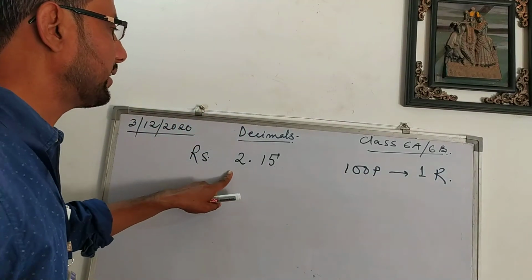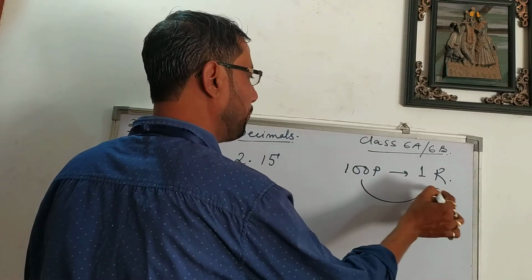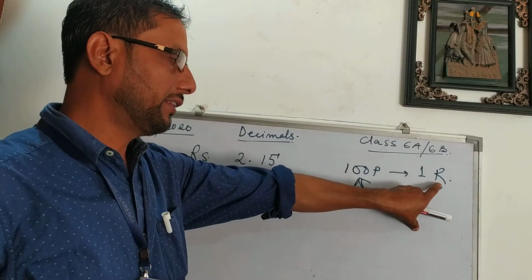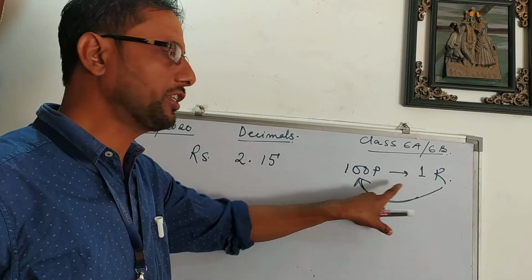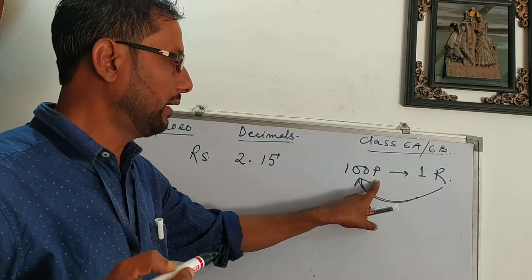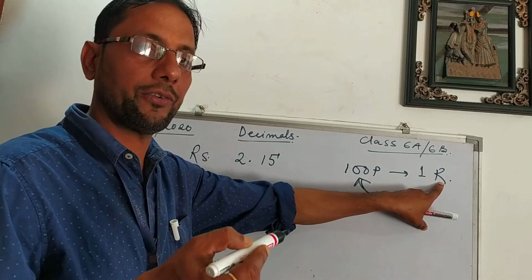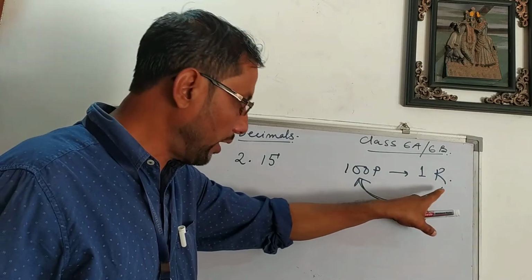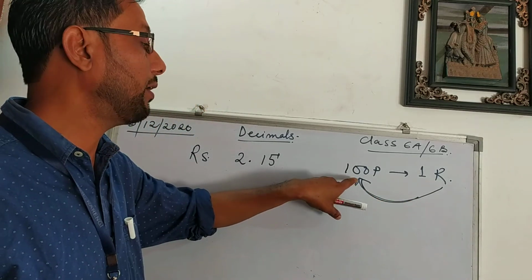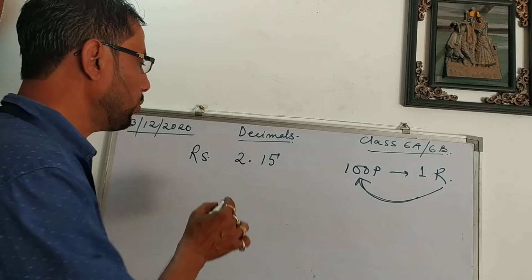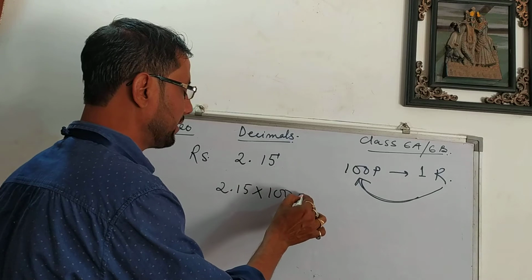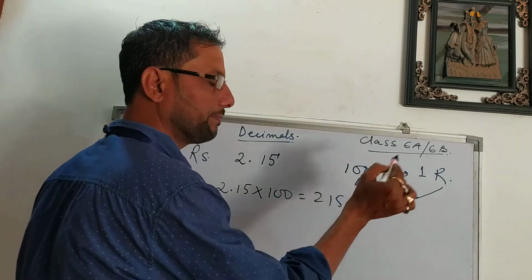So I am converting rupee to paisa. That means I am converting a larger unit to a smaller unit. When we convert a greater unit to a smaller unit, we always multiply by 100. So 2.15 multiplied by 100 is equal to 215 paisa.